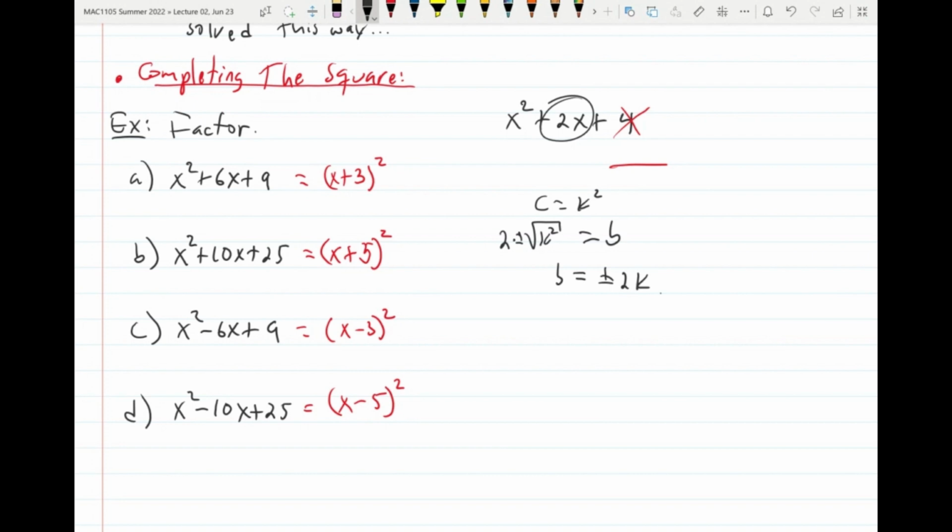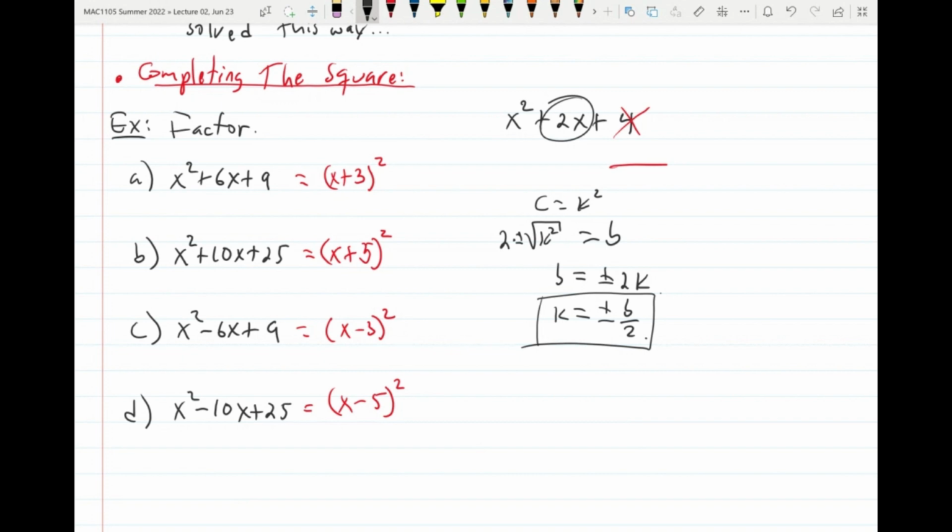Okay, but this K we can obtain by doing plus or minus B over 2. So this right here is a secret. Again, the plus or minus is already taken care of by the equation itself, so that's why I was saying you don't even need to worry about that. But right here we have the little formula. If you want to figure out what number to put in here, what do you need to do?